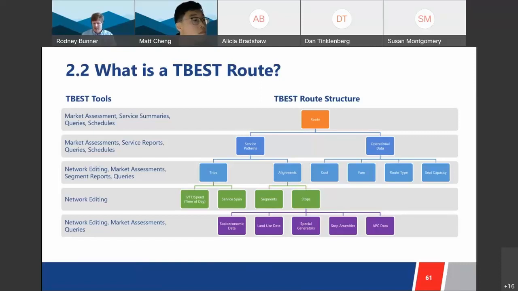And your stops contain additional attributes for SE data, land use data, special generators, stop amenities, and even the APC data is housed here. And then on the trip side, you have a service span and in-vehicle travel times and speeds by time of day. So this is just a reference and a hierarchy that you can come to after the training and see how things are managed within TBEST for a route.